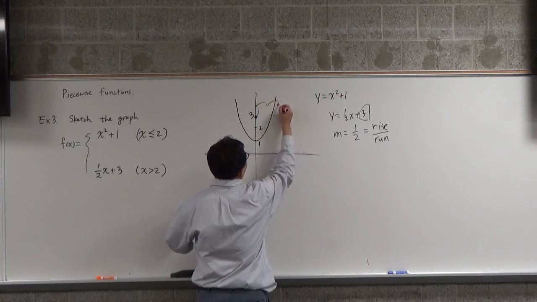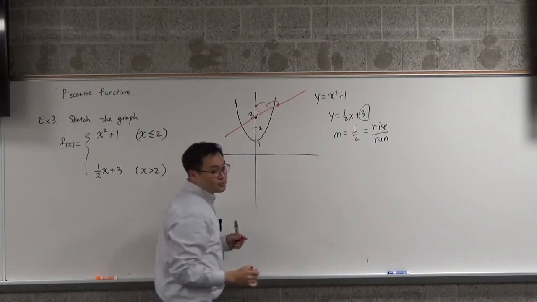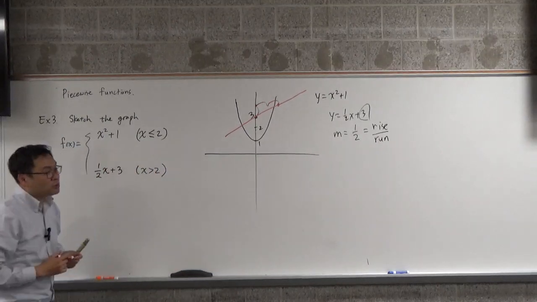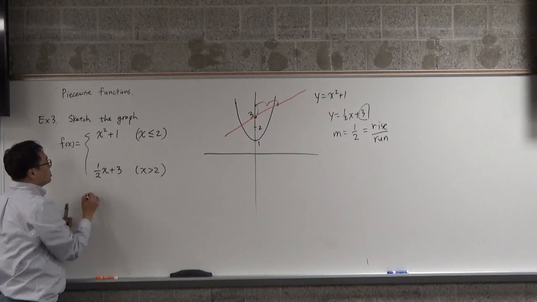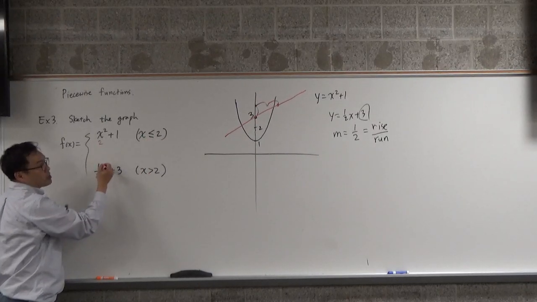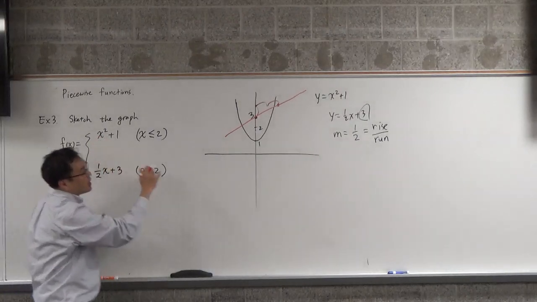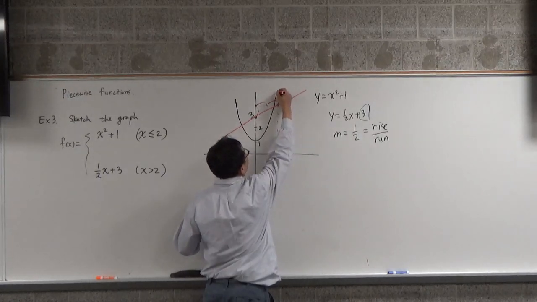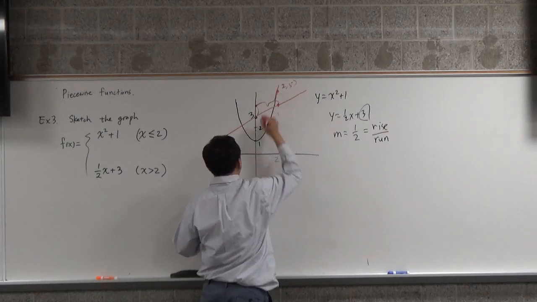And that's the next point, and that's your line. I also asked everyone to evaluate the function at this dividing point, which is 2. So what do you get if you plug in 2 here? 2 squared plus 1, 5.